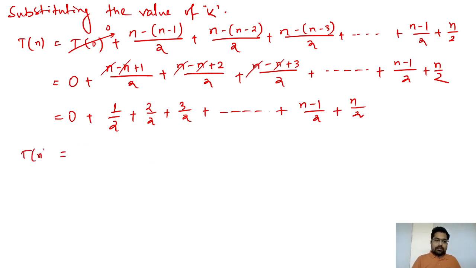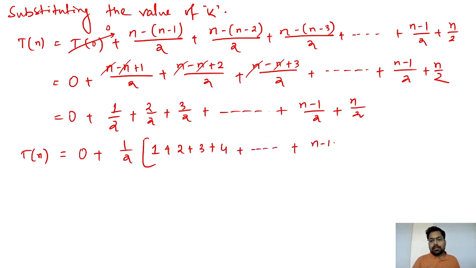T of n would be like 0 plus 1 by 2. Clear? We have just taken 1 by 2 outside, plus 2 plus 3 plus 4 up to n minus 1 plus n.